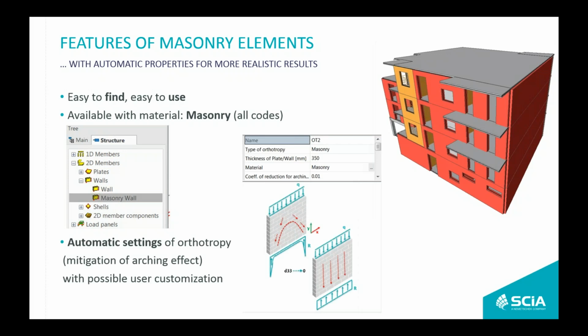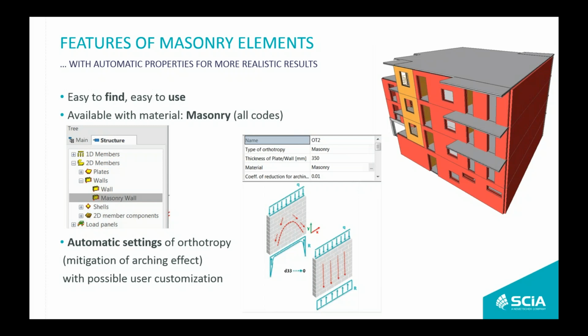The masonry wall is automatically orthotropic, and the orthotropy is set automatically based on the material and thickness of the wall in order to reduce the arching effect of the wall, which is basically possible to customize based on user experience.